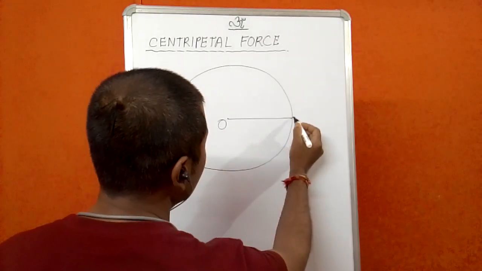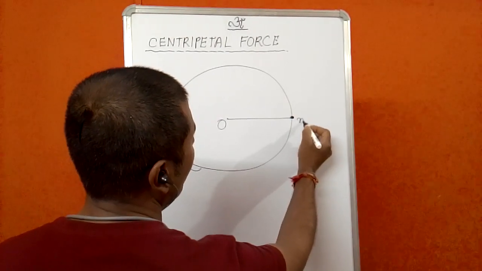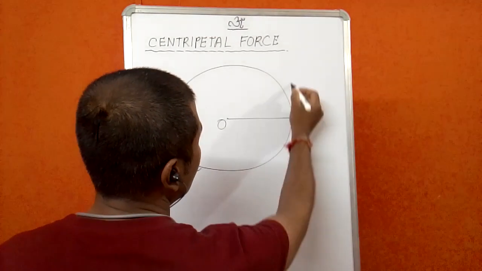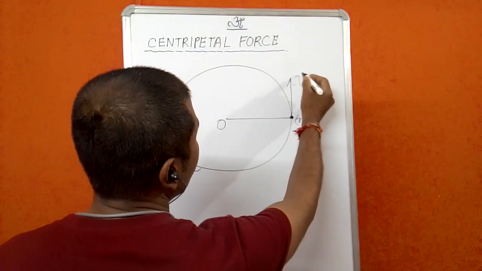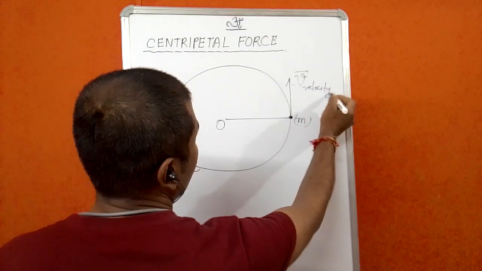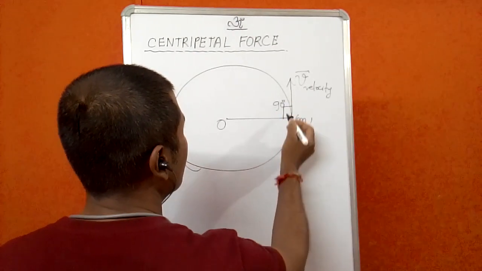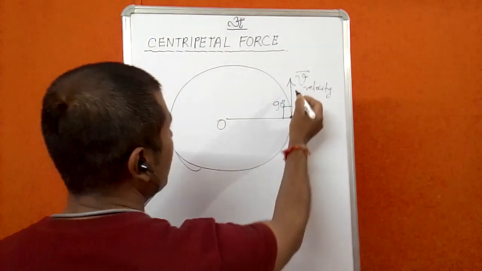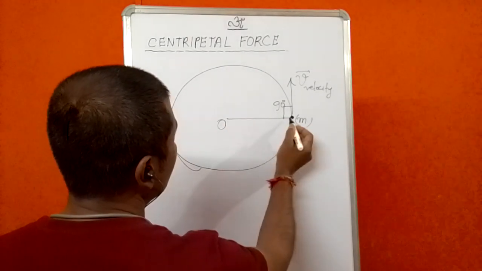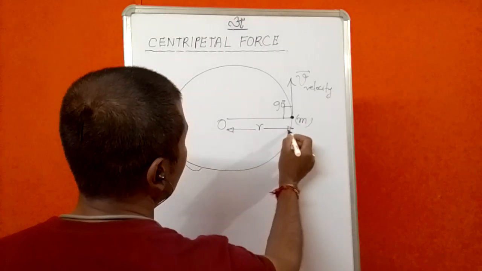So if you draw this, this is your point P of mass M. This is the point mass and it is having a velocity V, right? This angle will be 90 degrees, correct? And this is the velocity vector which will make a 90 degree angle with the radius. And let's suppose this is the radius of the circle.